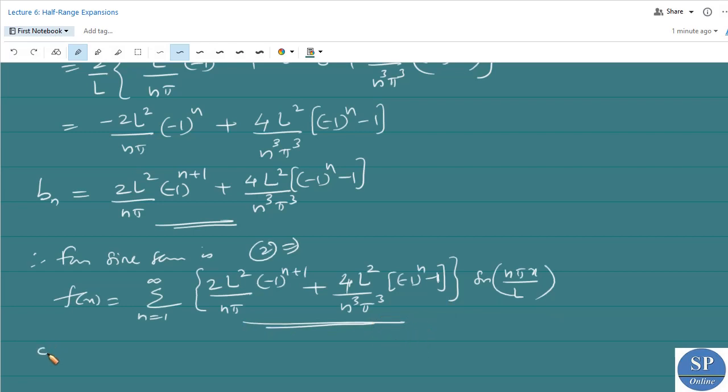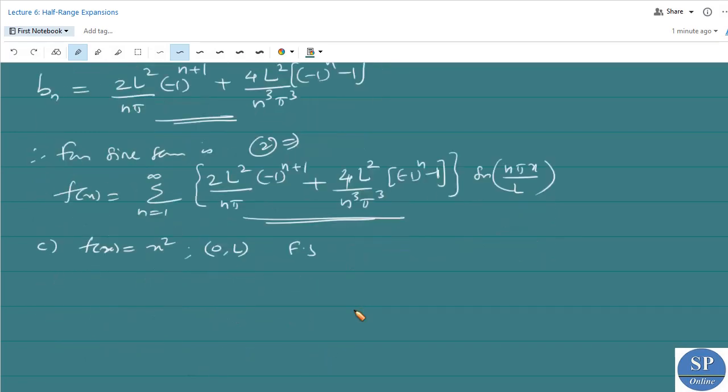Now for the third part, we have to expand the function f of x equal to x square, defined in the interval 0 to L, as a Fourier series. For that we already discussed that we have to take 2P equal to the length of this interval, that is L. Therefore P equal to L by 2.